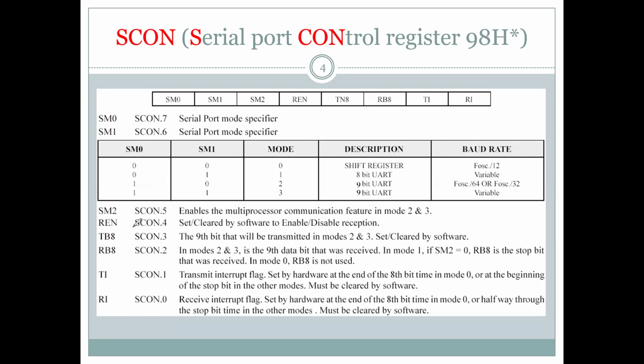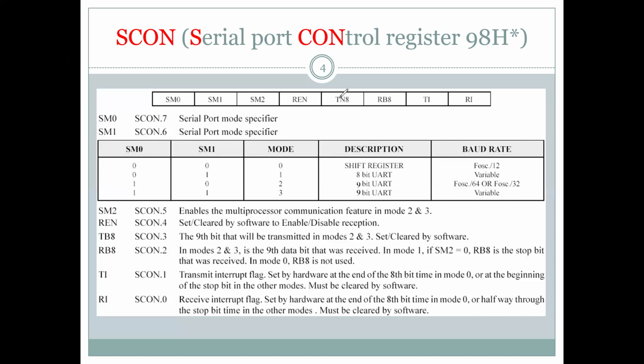So this REN bit is used to enable or disable reception by software. This bit can be set or cleared by the user using instructions like setb REN or clr REN.